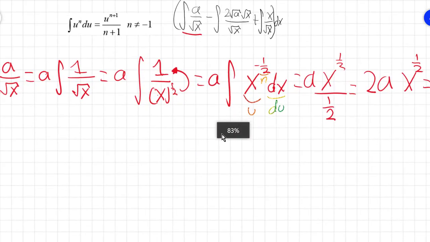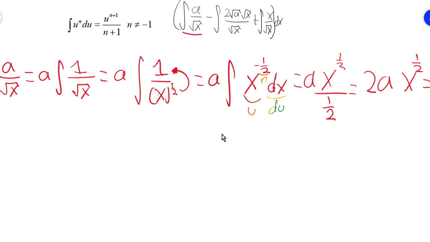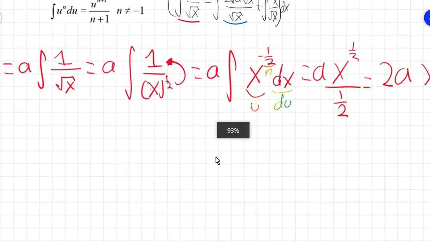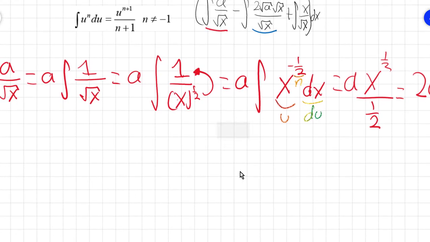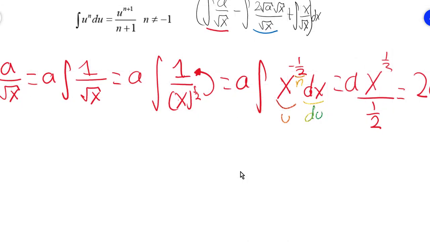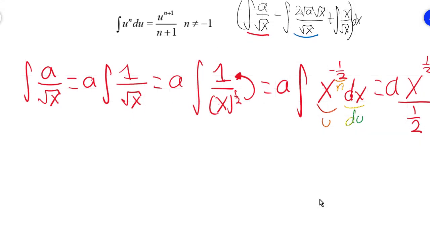All right, so now let's go with the blue, which is, I'm gonna label the second one. So let's do the blue. All right, I'm gonna put it down here. So the blue is going to be 2 multiplying the square root of a and the square root of x.